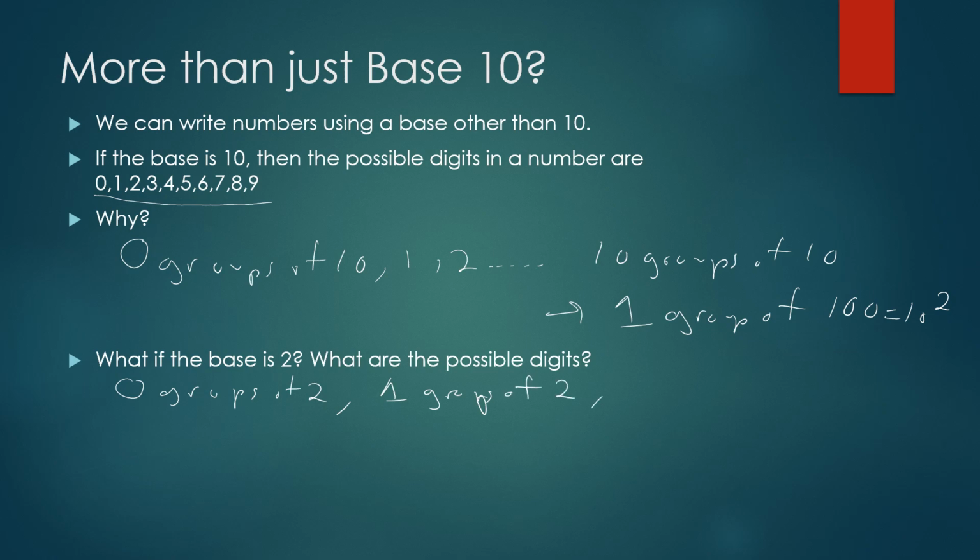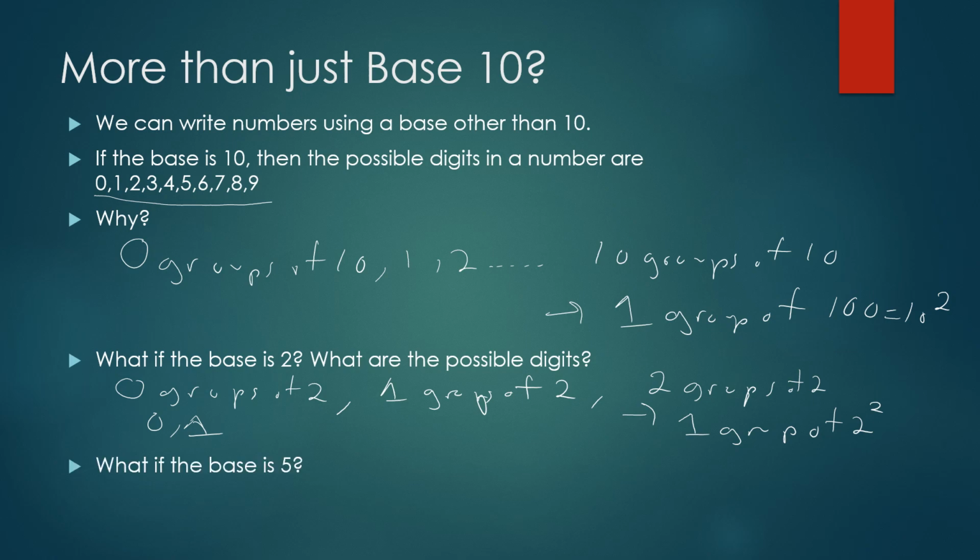But as soon as we do 2 groups of 2, that's the same thing as saying 1 group of 2 squared. So the only digits that we have in base 2 are 0 and 1. This is also known as binary. This is a binary system because there's only 2 numbers, 2 options, 0 and 1 groups.